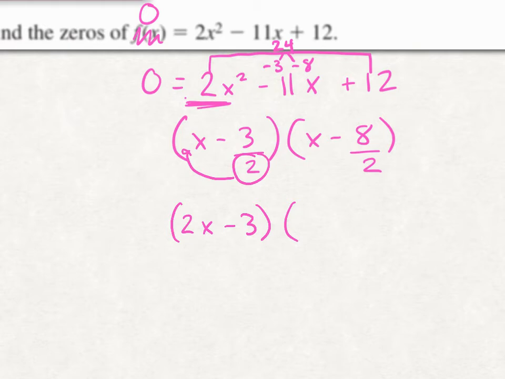And then we can simplify our second parentheses. 8 divided by 2 would be 4. So we have x minus 4. And this is equal to 0. What do we do next?